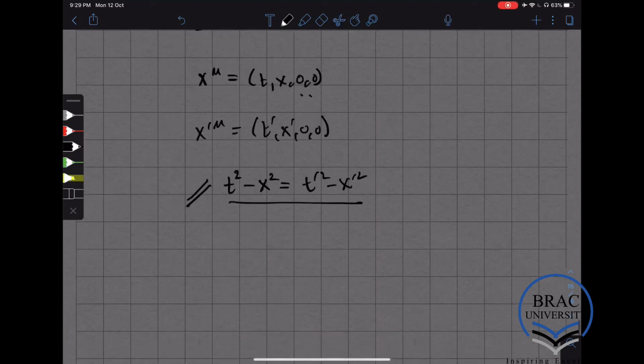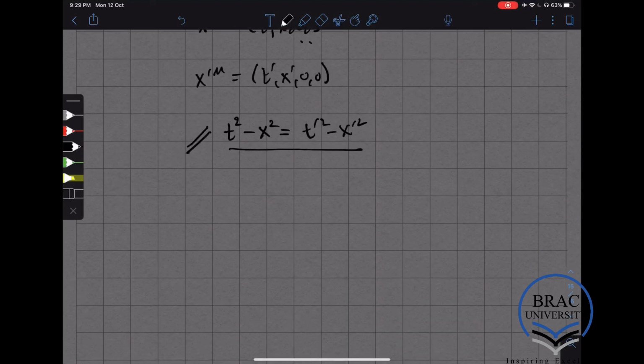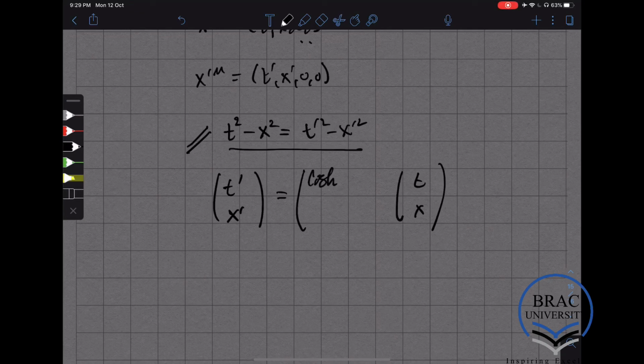Of course, this is very easy to do, and the solution has to be a linear transformation. t prime, x prime must be related to t and x through a hyperbolic rotation. So this will be cosh of some parameter psi, sinh of the same parameter, and then sinh, and then cosh.